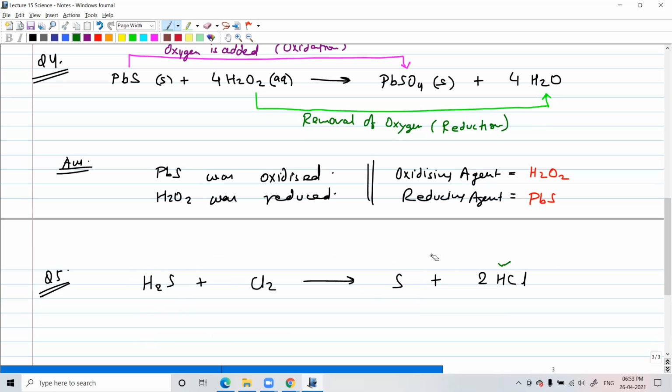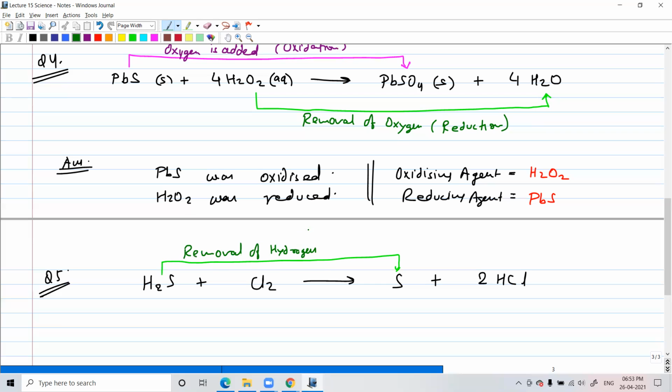Make sense, everyone? So removal of hydrogen, yes, this is removal of hydrogen. That's the reason for it. And when hydrogen is removed, we call it oxidation. And for reduction, addition of a non-metal.